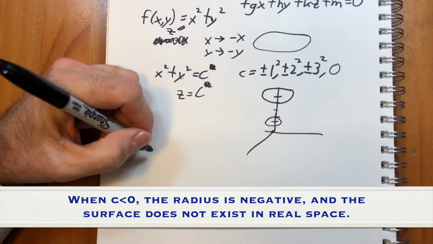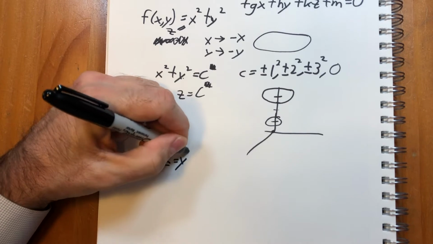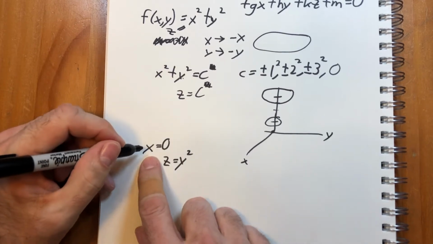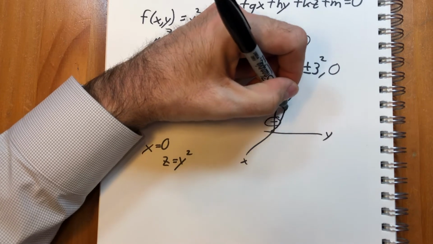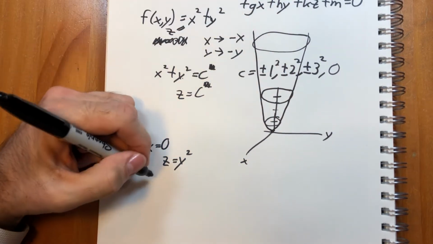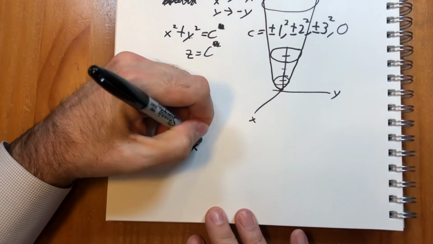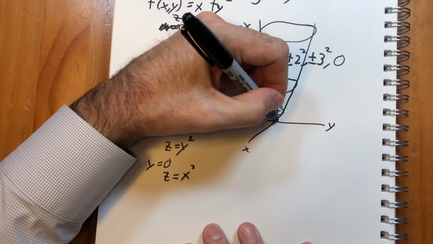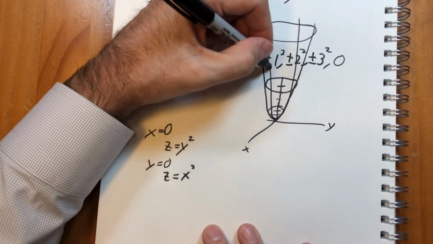So what about sections? If we set x equals 0, then we get the parabola z equals y squared. So this would be a parabola on the yz plane. It would go up like this and up like this. And then if we set y equals 0, it's the same thing. We'd have z equals x squared, one that goes back like this and one that comes up like this.